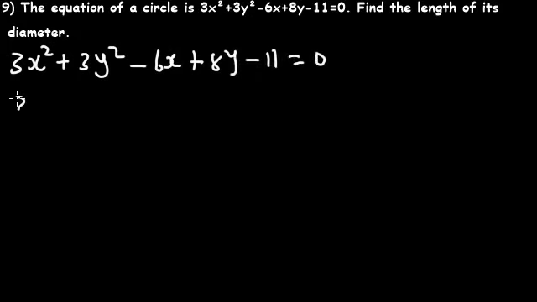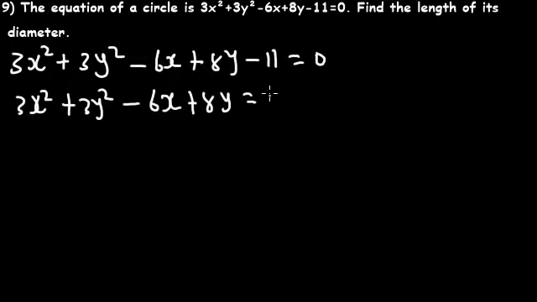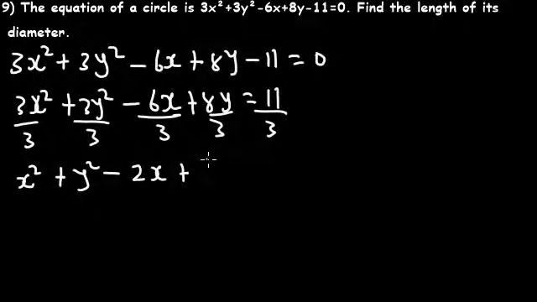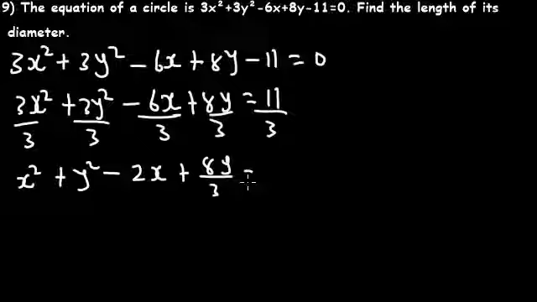Let's separate: 3x squared plus 3y squared minus 6x plus 8y equals 11. Dividing through by 3, we have x squared plus y squared minus 2x plus 8y over 3 equals 11 over 3.